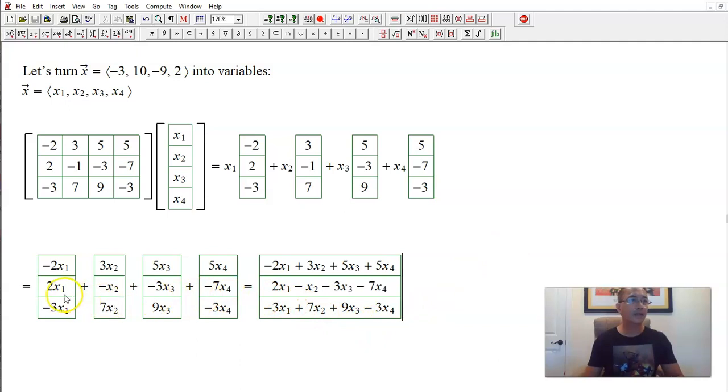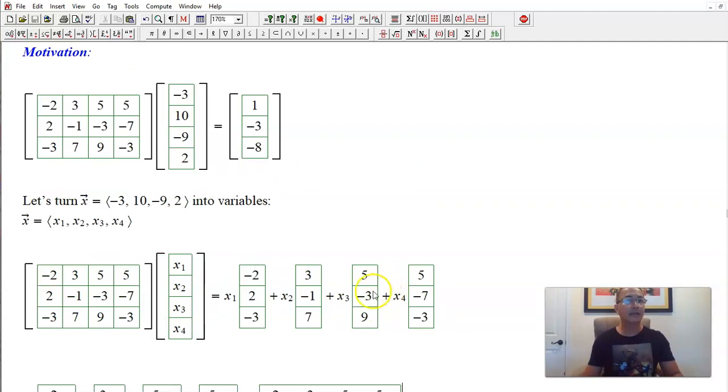Okay, so in the second entry, we have 2x1 minus x2 minus 3x3 minus 7x4, negative 3x1 plus 7x2 plus 9x3 minus 3x4. But let's remind ourselves that this was part of this equation, okay?